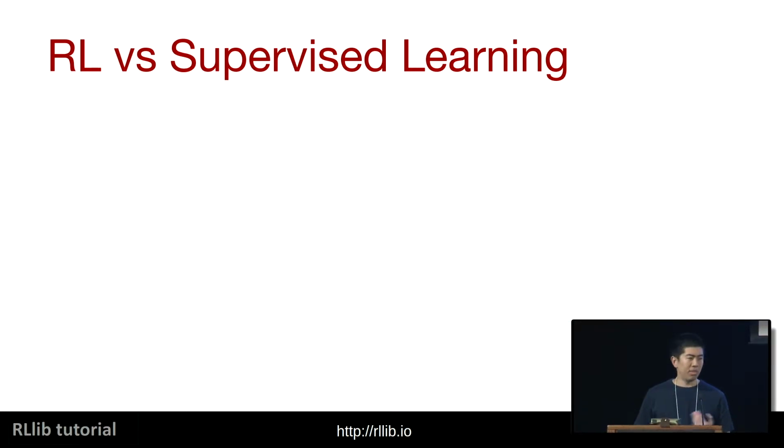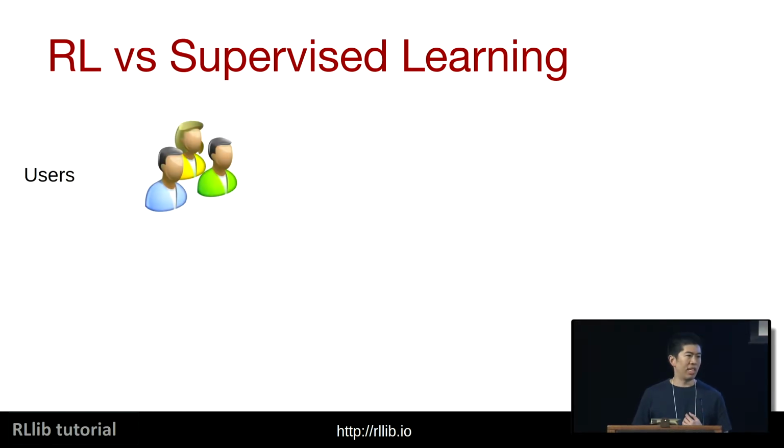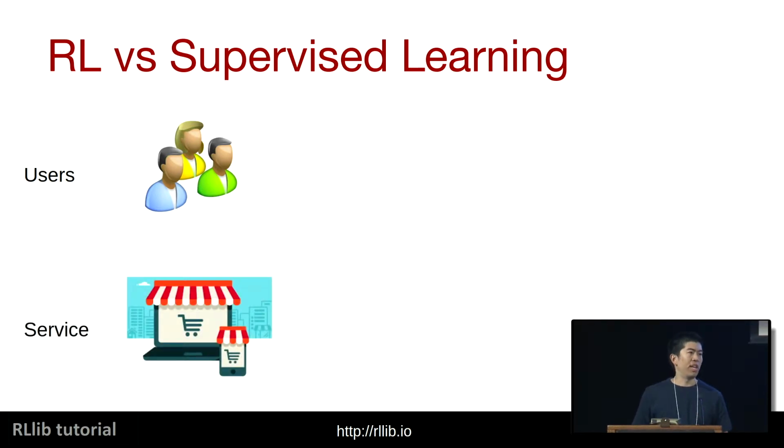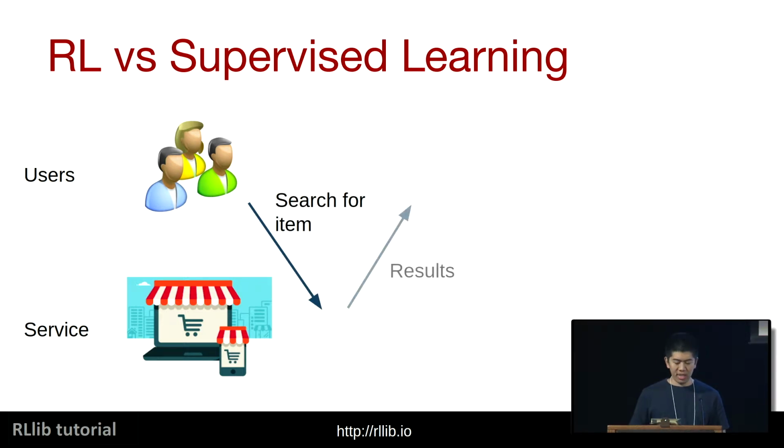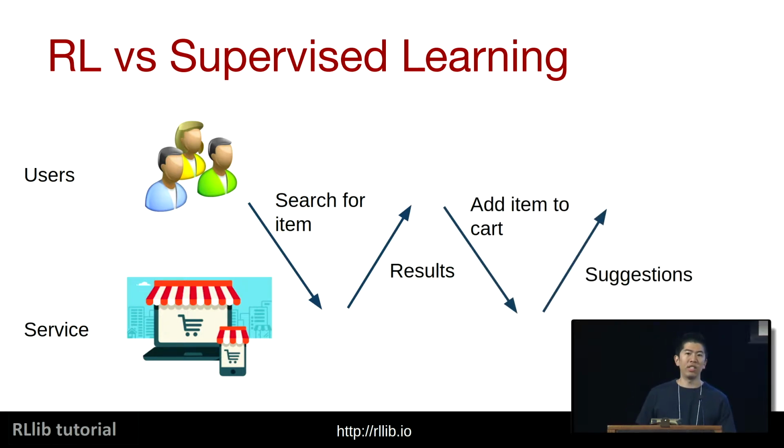But in some settings, reinforcement learning is actually a more natural fit. Here's one example of a setting. Say you're trying to develop a web application where you have users interacting with some service you're developing. The users might be searching for items, and then your service provides some results. They might be adding items to some cart, and you might provide suggestions.